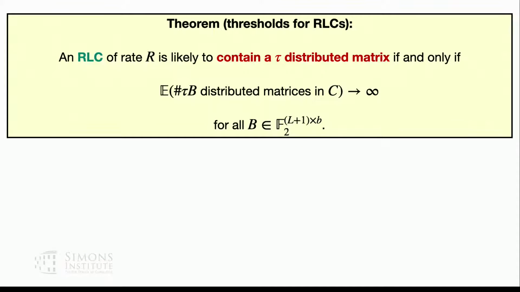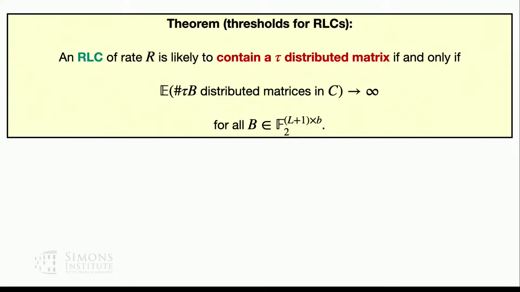And now we have the threshold theorem for random linear codes. So this says that if we want to know whether a random linear code is likely to contain a tau distributed matrix, then we need to look at all what we call implied distributions, okay?